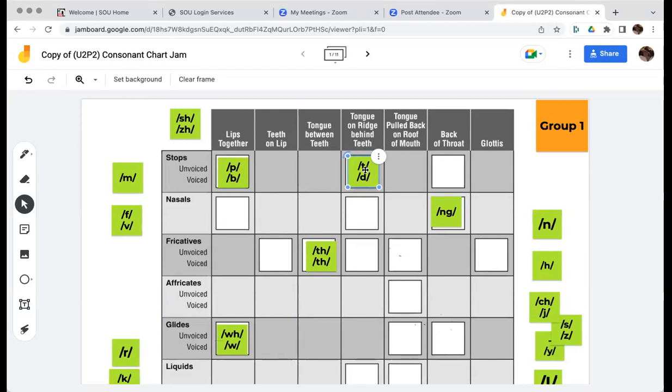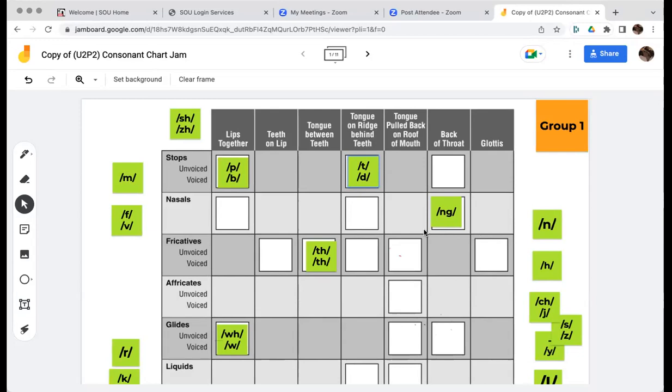It's like your upper teeth. If it were between the teeth, it would look like this. If it were on the ridge behind the teeth, it would look like this. Which one is it? Behind. So that's where T and D go.